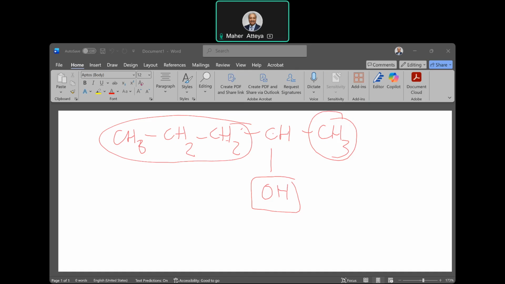So in order to name this according to the IUPAC name, you go for the name of the long chain, 1, 2, 3, 4, 5. This is 5, correct? 5 means pent, so this is pentane, take the E out, OL, that's pentanol.